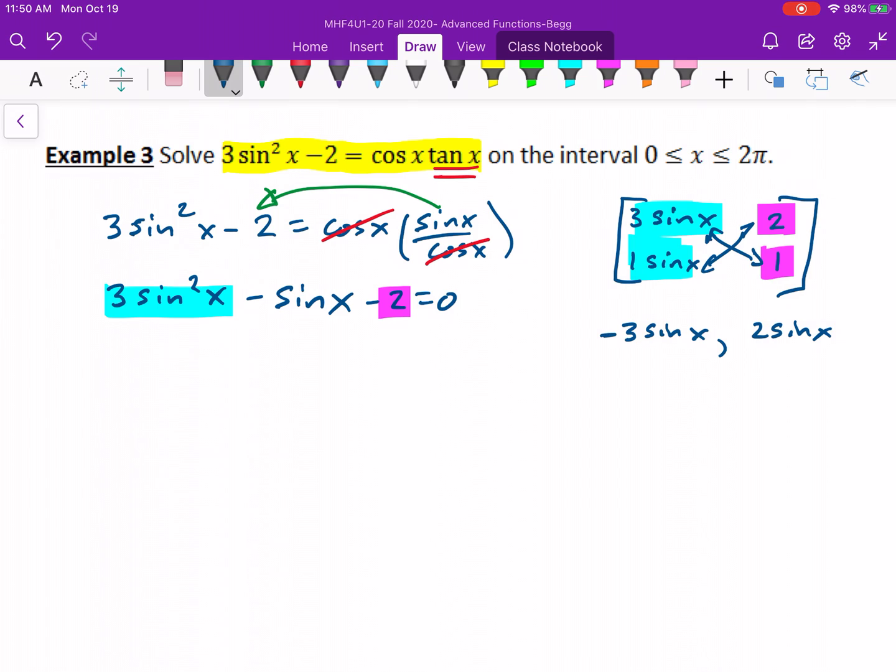So if I make this a negative 3 sine x, then I'd be able to get a negative sine x by combining those two. In order to make that a negative 3 sine x, that means I'd have to stick a minus sign in front of that 1 and make it a negative 1. But now everything works out. And then I read horizontally from my two factors. So 3 sine x plus 2 and sine x minus 1 would be the factors.